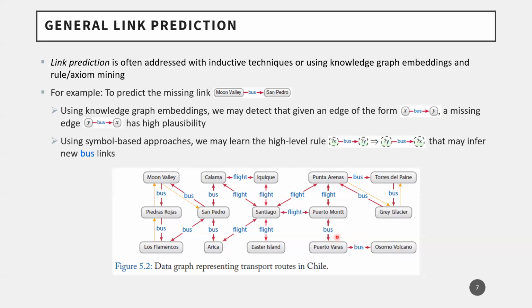Thus, we can learn the high-level rule expressed here. Then we can apply it to the link from San Pedro to Moon Valley. Because there exists a bus direction from San Pedro to Moon Valley, the bus link from Moon Valley to San Pedro is likely to exist.